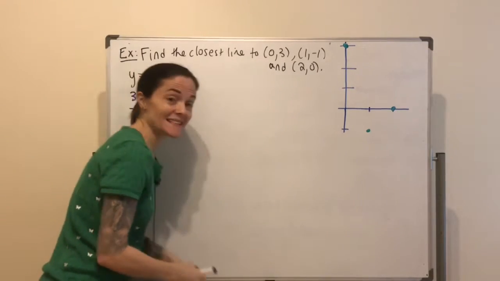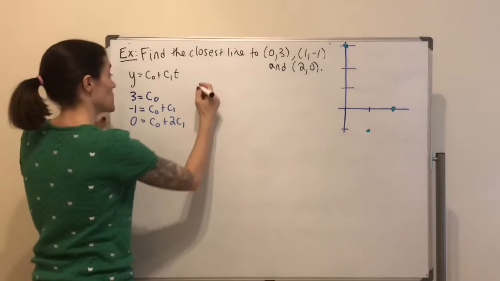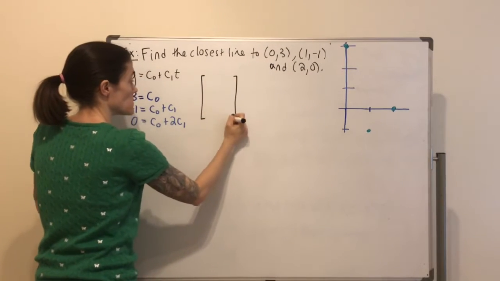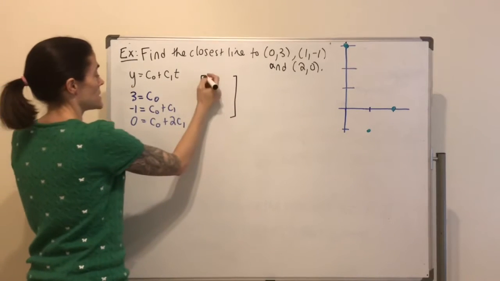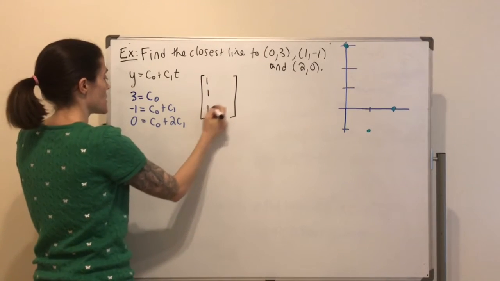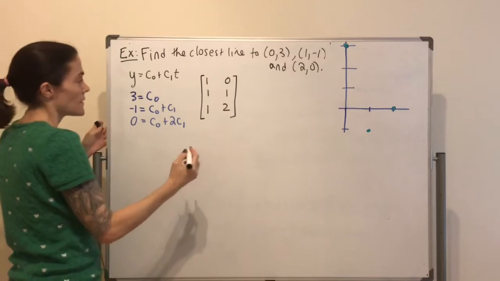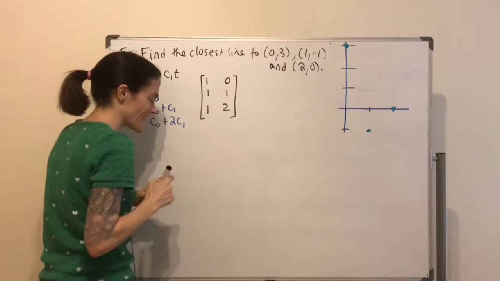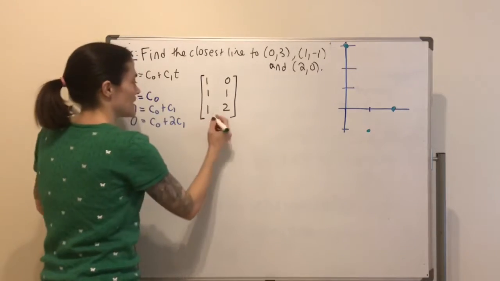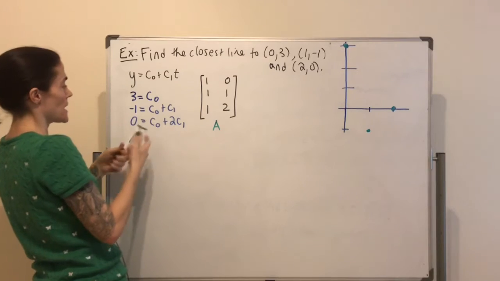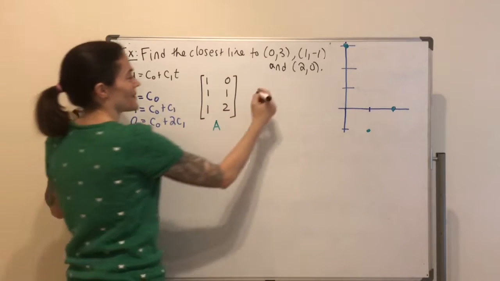So let's write down our matrix. The coefficient matrix comes from this side as 1, 1, 1, 0, 1, 2, and this is A. Maybe I'll write that underneath. And then the vector b we see over here.